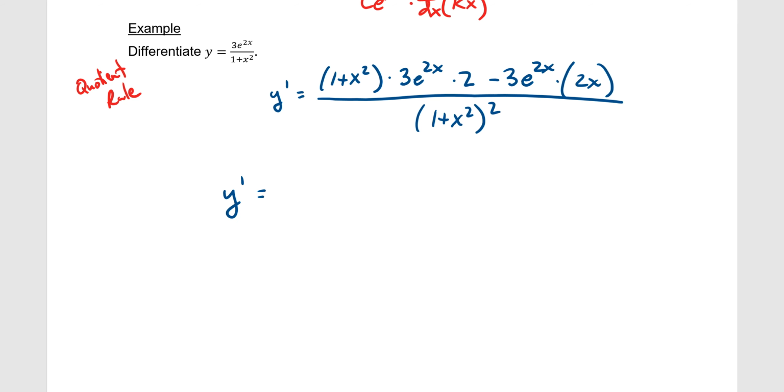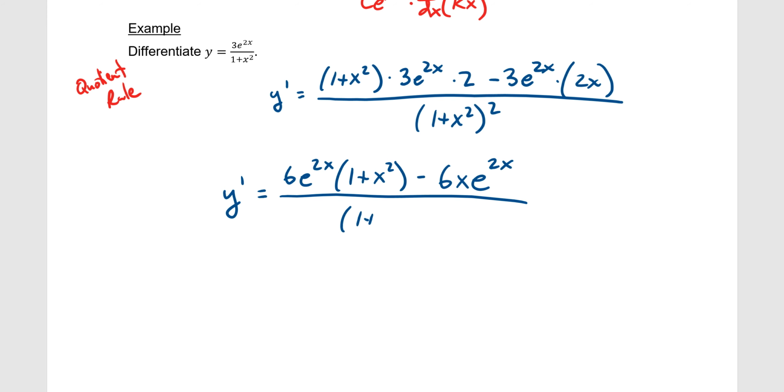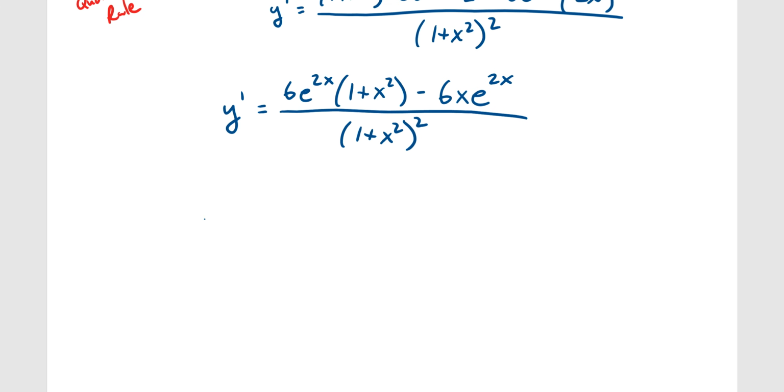So simplifying this, first we get 6e to the 2x times 1 plus x squared minus 3e to the 2x, or minus 6xe to the 2x over that denominator. And this really doesn't simplify too nicely. I'm just going to do one more thing. In the numerator, I'm going to factor out a 6e to the 2x.